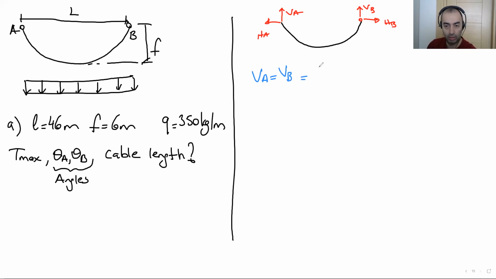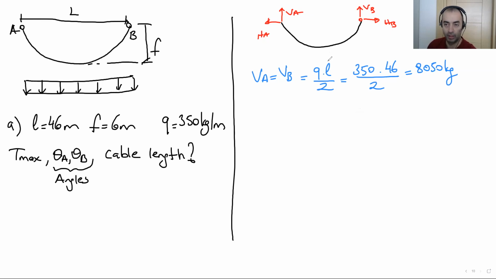So here QL over 2. What is Q in the question? 350 times L, which is 46 meters, over 2. The result is 8,050 kilograms. So we know the vertical one.